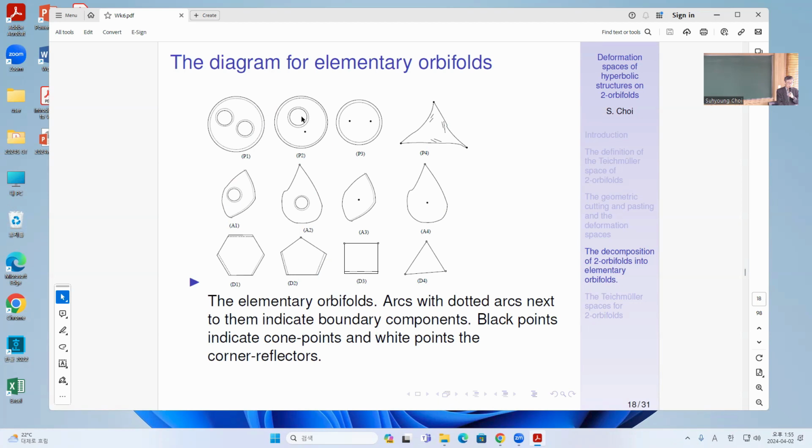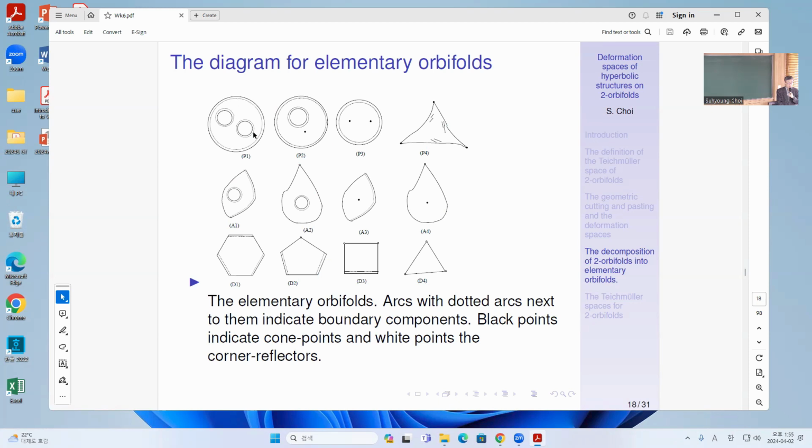Even if you silver it, you can just take the neighborhood. So you cannot do anything further without destroying the orbifold, the full one orbifold here.